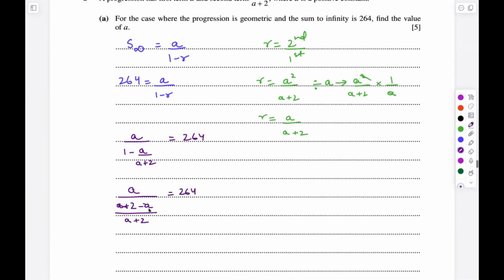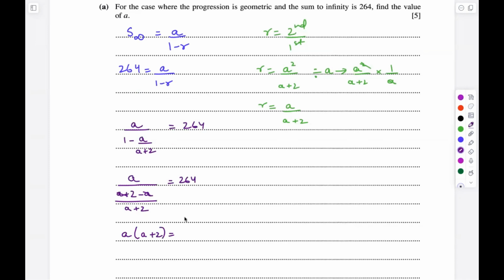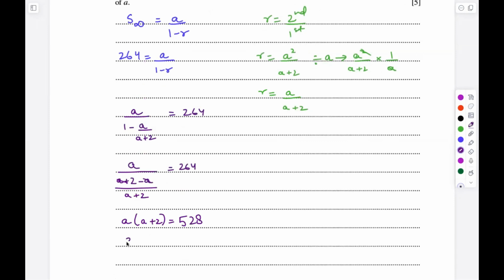So a and a will cancel out. This a plus 2 will multiply with the a in the numerator, so that will become a into a plus 2. And we'll multiply the 2 by 264, which is 528. So this will become a squared plus 2a minus 528 equals 0.